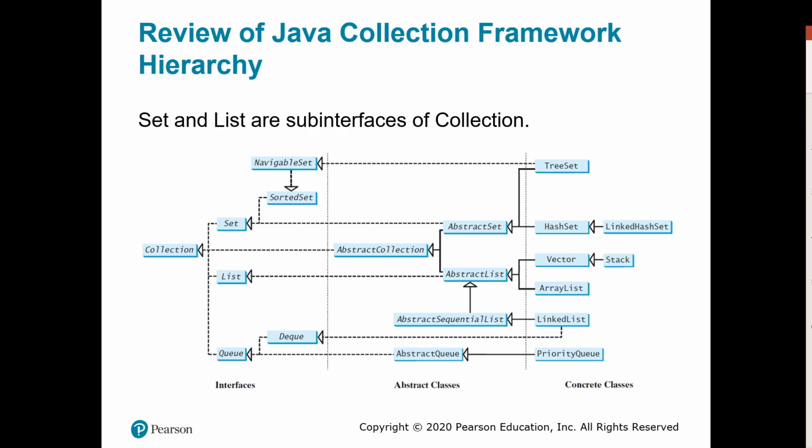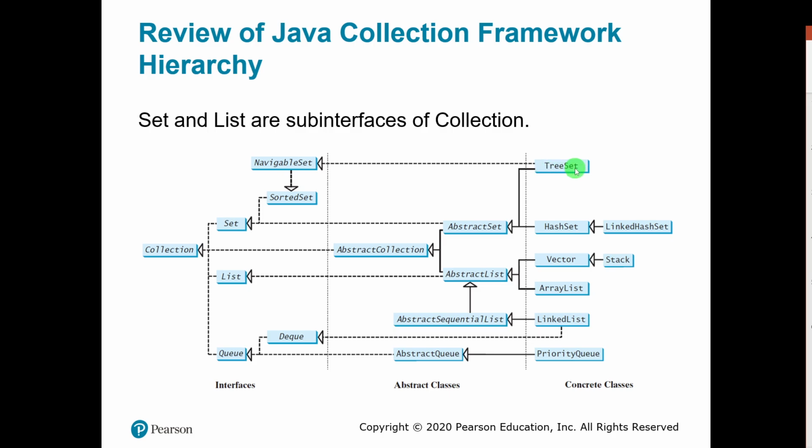Now let's talk about sorted set. Sorted set is a subinterface of set. It guarantees that the elements in a set are sorted. The concrete implementation of a sorted set that we're going to talk about today is tree set.